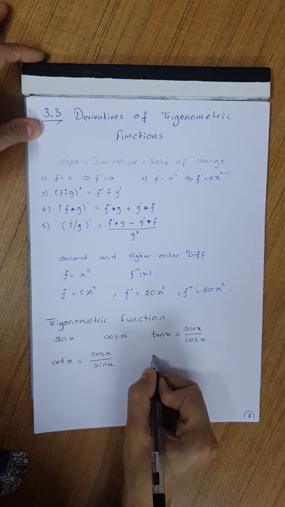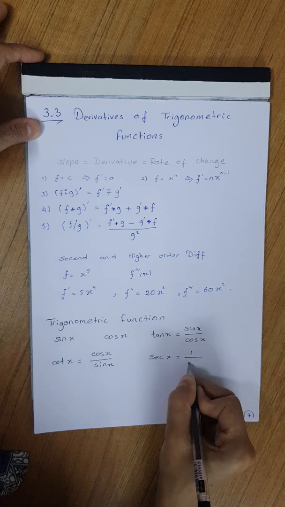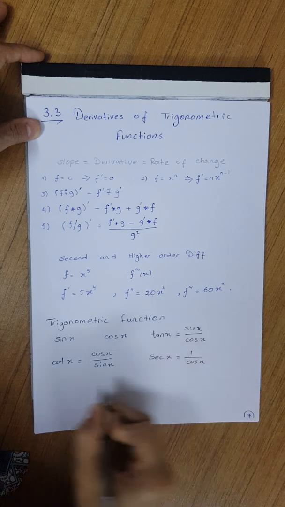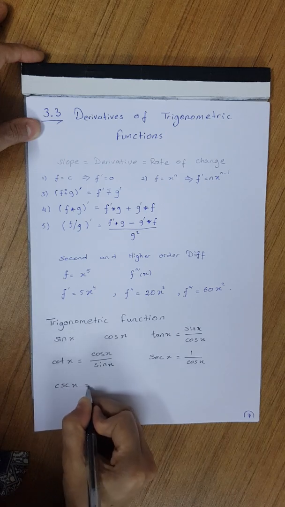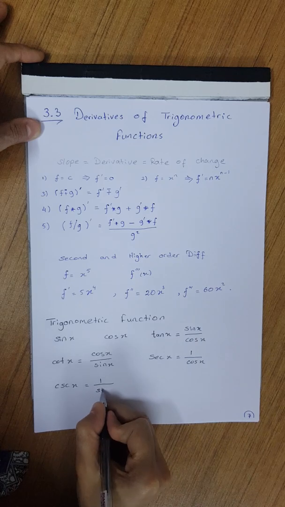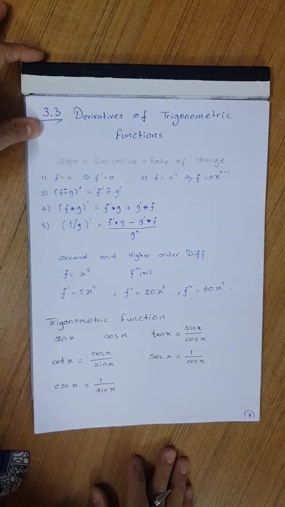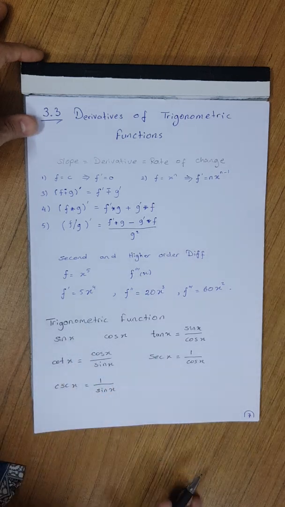We have secant of x, that's equal to 1 over cosine of x. And the last one, we have cosecant of x, that's equal to 1 over sine of x. So these are the 6 trigonometric functions: sine, cosine, tan, cotan, secant, and cosecant.